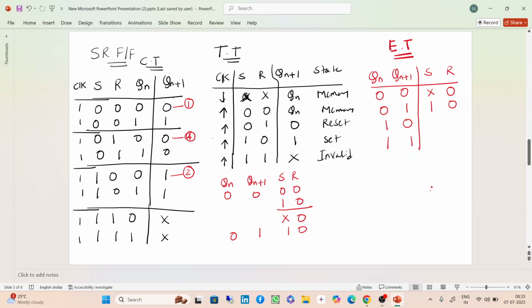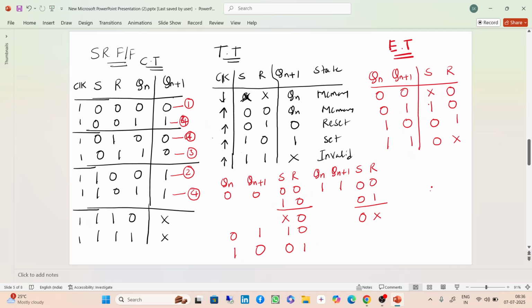The third case, when it is 1 0, S and R are 0 1. Then the fourth case, 1 1: S and R can be 0 0 or 0 1, so you can write it as 0 don't care. So this is the excitation table.